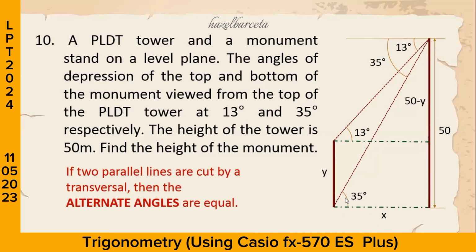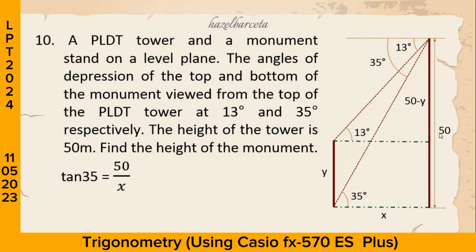So, kapag tangent 35, so tangent 35 is equal to 50 over x, so masosolve na po natin si x. So, x is equal to 50 over tangent 35. Then here, tangent ulit kasi ito, tsaka ito, nakuha na po natin, so masosolve po natin ito.